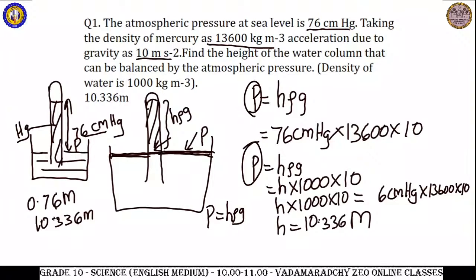If we used water, we would need a 10-meter long glass tube, but with mercury we only need a 1 meter glass tube.